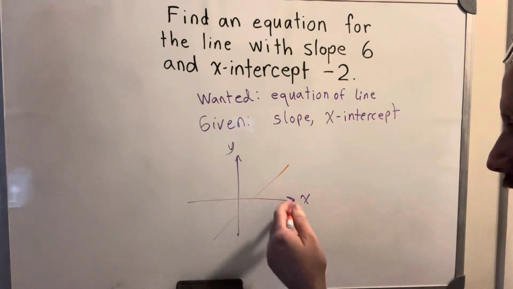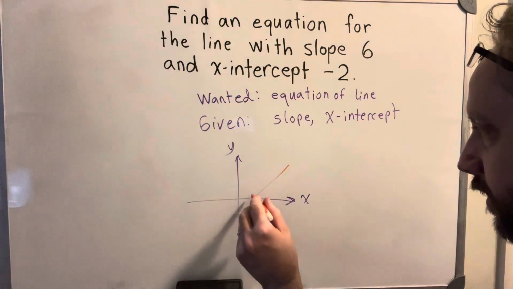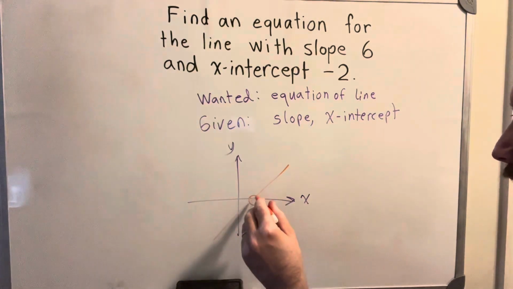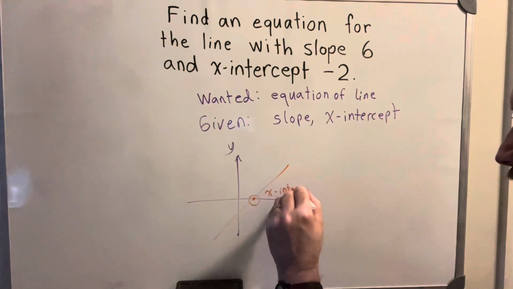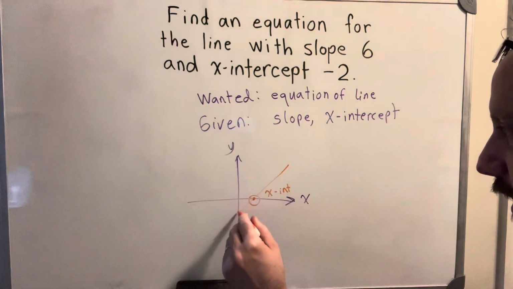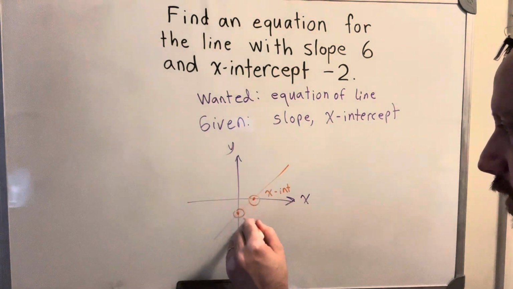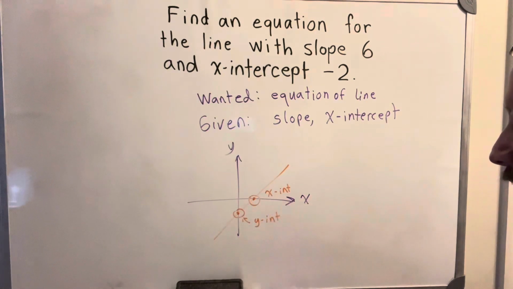All right, since this is the x-axis and intercept means to cross, then this right here would be the x-intercept. And where the line crosses the y-axis would be called the y-intercept.